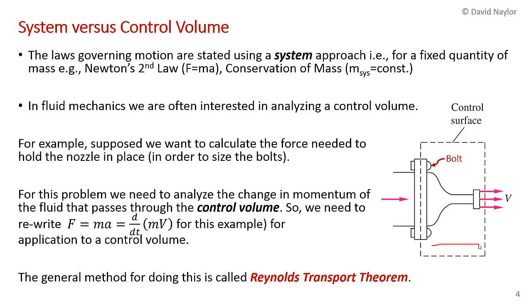And to do that, we need to analyze the change in momentum of the fluid that flows through the control volume in addition to the forces on the boundaries of the control surface. So we need to rewrite F equals ma for application to a control volume. And the general method of relating a system to a control volume is called Reynolds Transport Theorem. And we're going to do that next. And I'll warn you, this gets a little bit heavy.